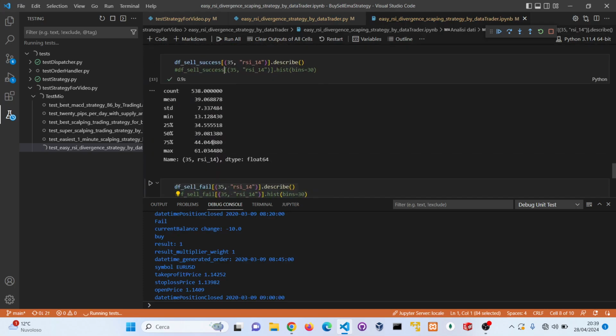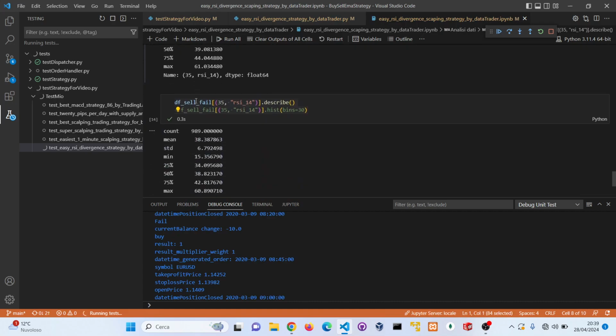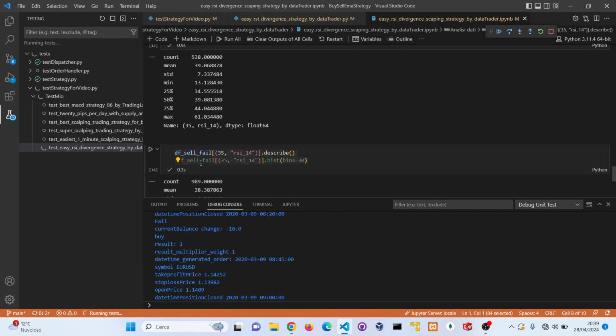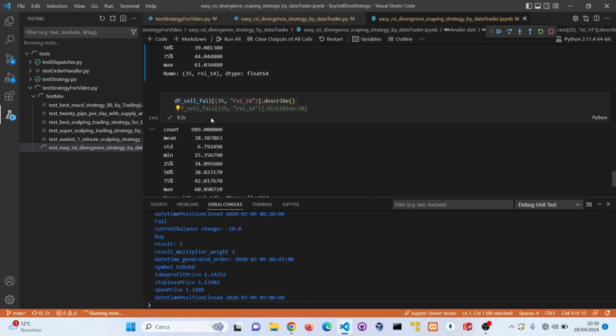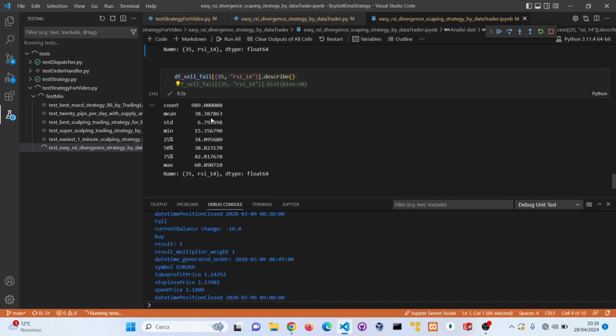And for the sell success, there was a difference in the first quantile. For example, if you take only trades above this value of RSI, you would have been more profitable, because as you can see, the first quantile in the sell fail is lower, so you would have discarded more fails than successes.